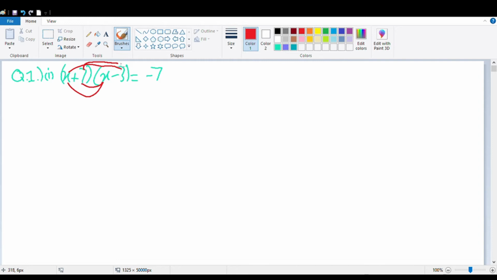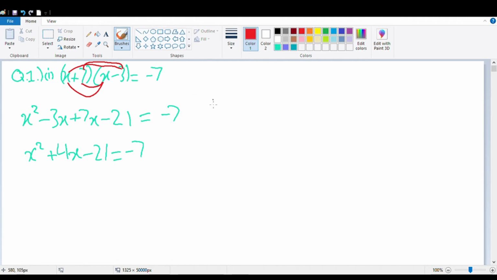And 7 into negative 3 is negative 21. Let's write that all down. We get x squared minus 3x plus 7x minus 21 is equal to negative 7. So, simplifying the two of these, we get x squared plus 4x minus 21 is equal to negative 7.